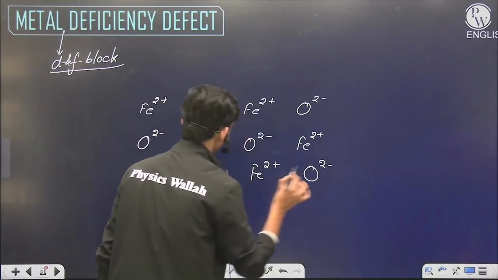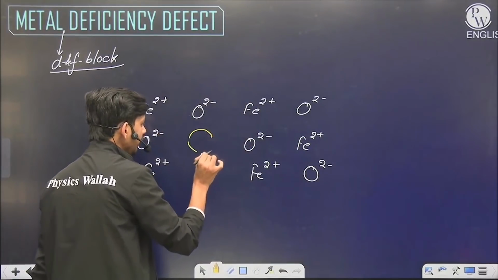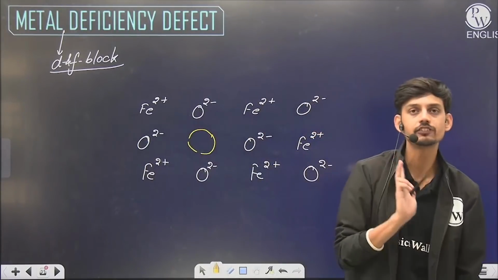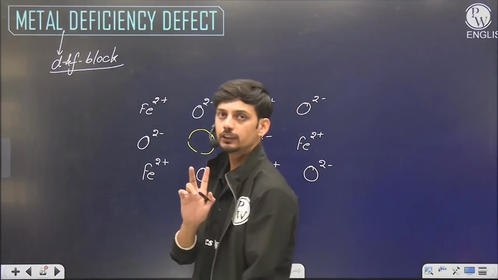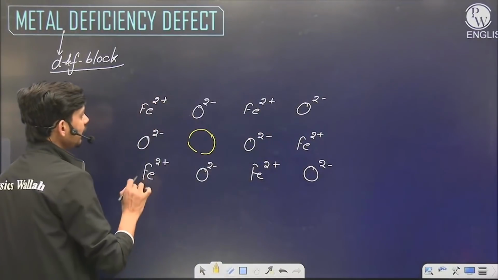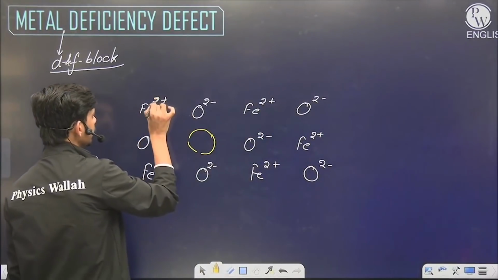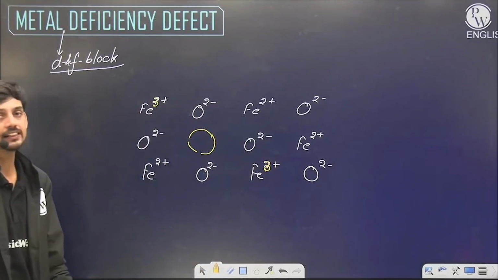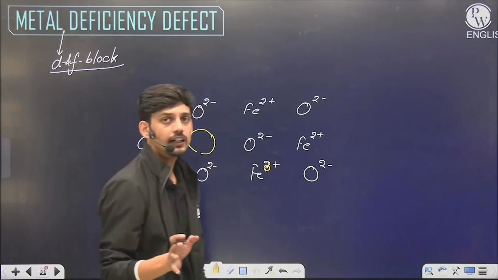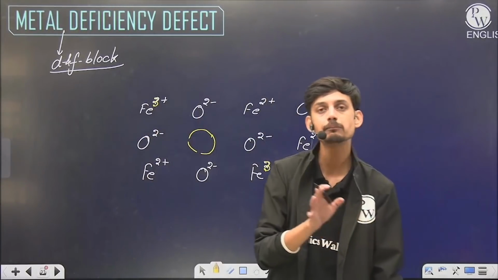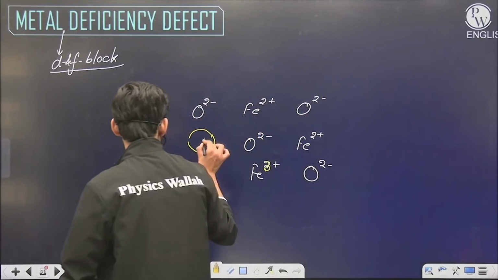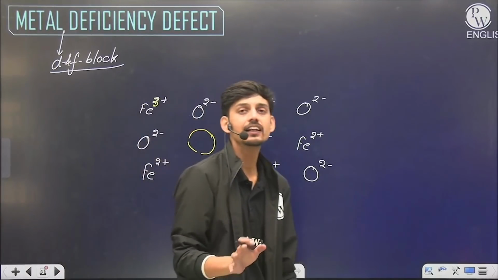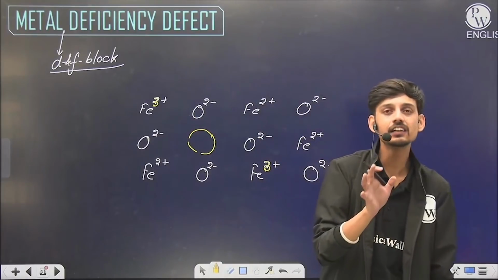Due to some reason one of the Fe2 plus ions is lost. Now we are losing 2 positive charge, and that 2 positive charge must be balanced. So some of the iron 2 plus are oxidized into iron 3 plus in order to balance the shortcoming of plus 2 charge.